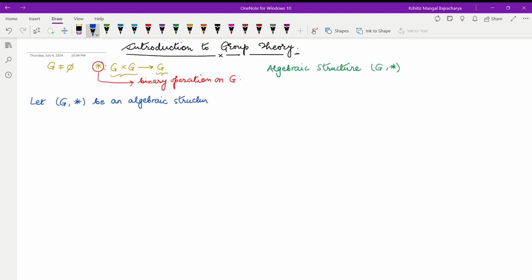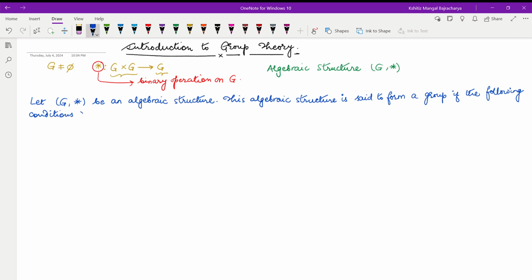This algebraic structure is said to form a group if the following conditions are satisfied.